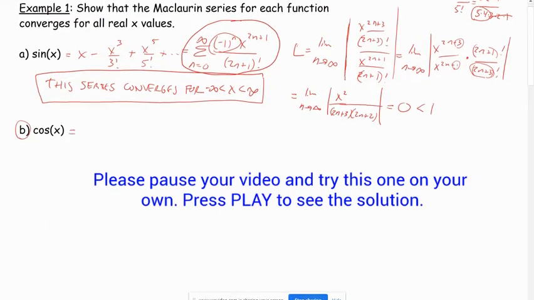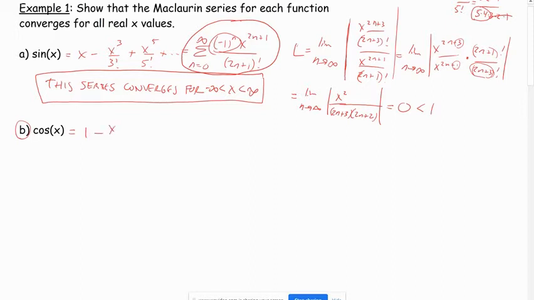So cosine is the even powers in the alternating series, 1 minus x squared over 2 factorial plus x to the 4th over 4 factorial, and so on. And so in sigma notation, that is, again, negative 1 to the n because it's an alternating series, x to the 2n over 2n factorial.